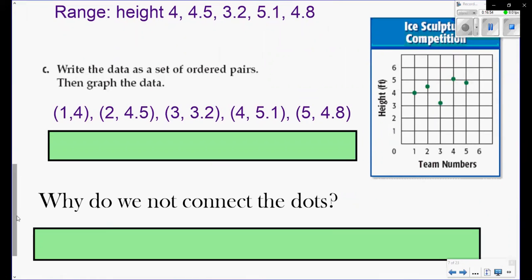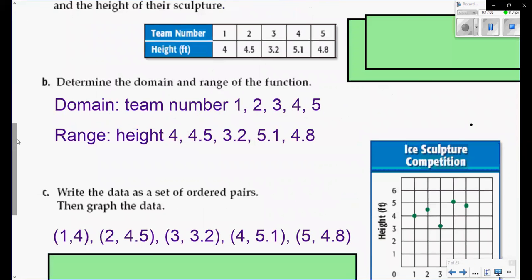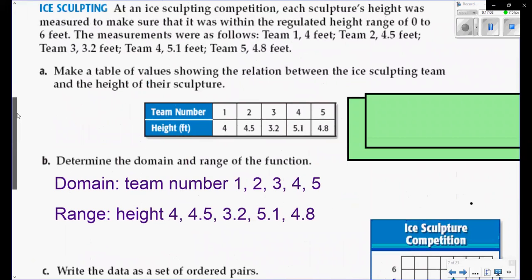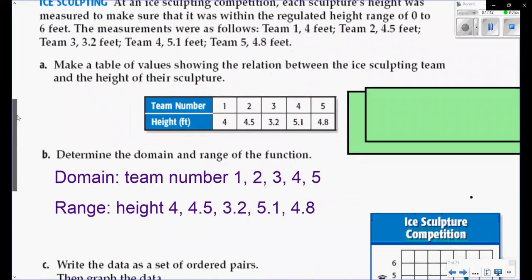So it says, why do we not connect the dots? Basically, we're plotting the points for each team, and they have their own height for their sculpture.